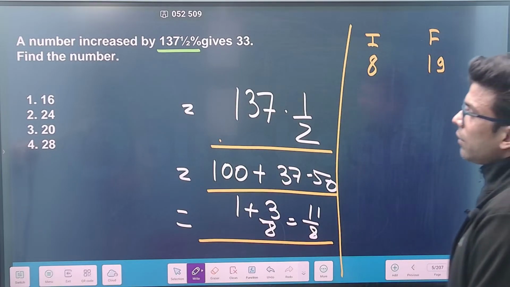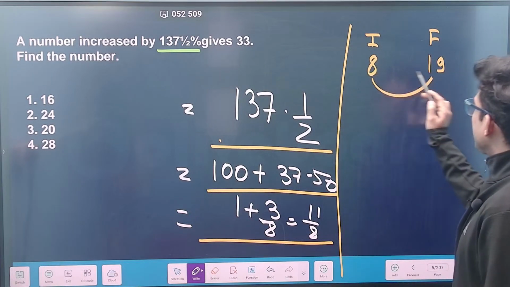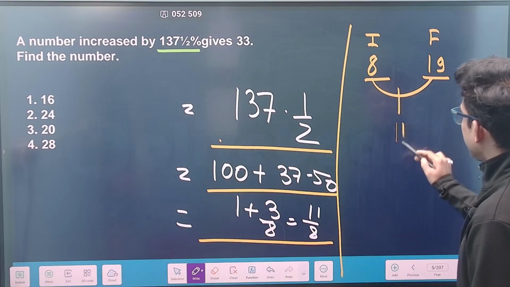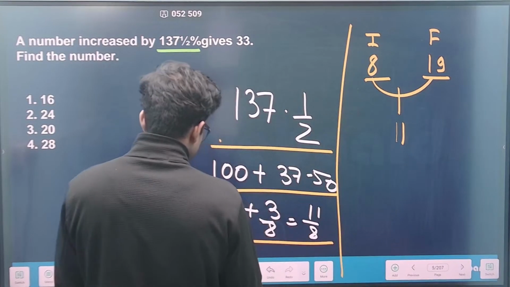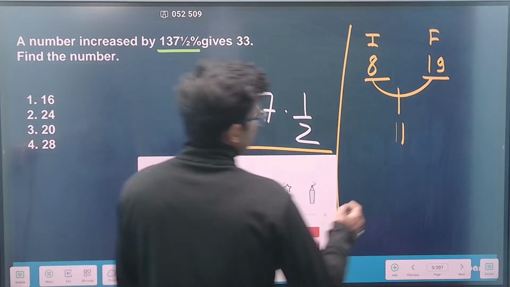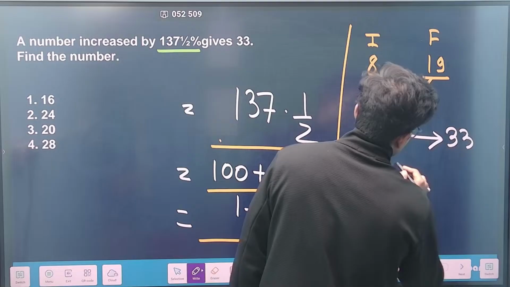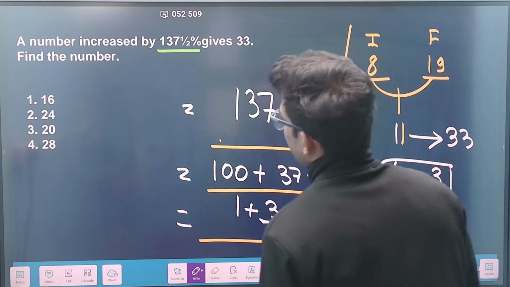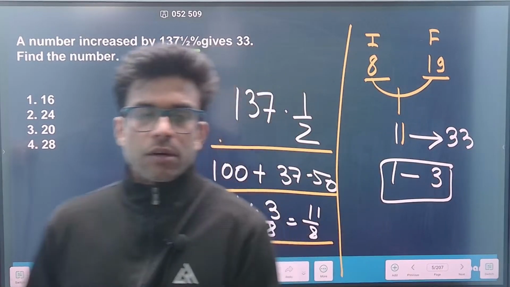Now the number is increased by how much? 8 becomes 19, so it is increased by 11. But according to the question it is increased by 33. So 11 increased by 3 times. They are asking to find the number. What is that number?